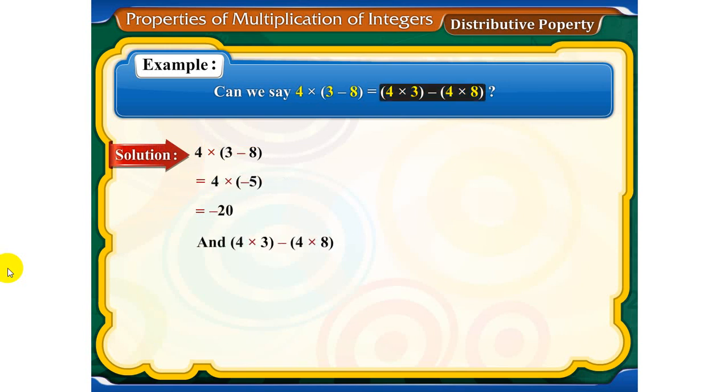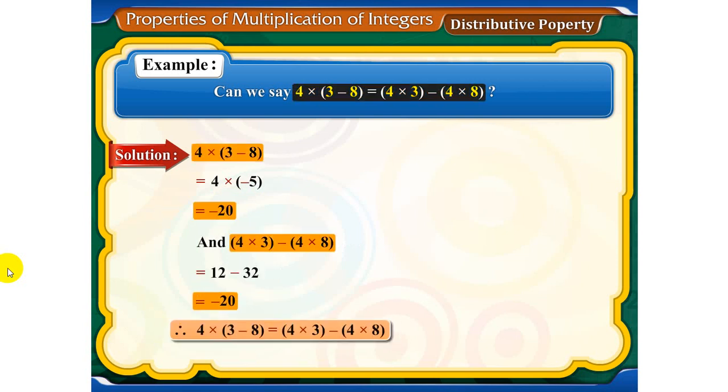And 4 multiplied by 3 minus 4 multiplied by 8 is equal to 12 minus 32, which is equal to negative 20. So, 4 multiplied by (3 minus 8) is equal to 4 multiplied by 3 minus 4 multiplied by 8.